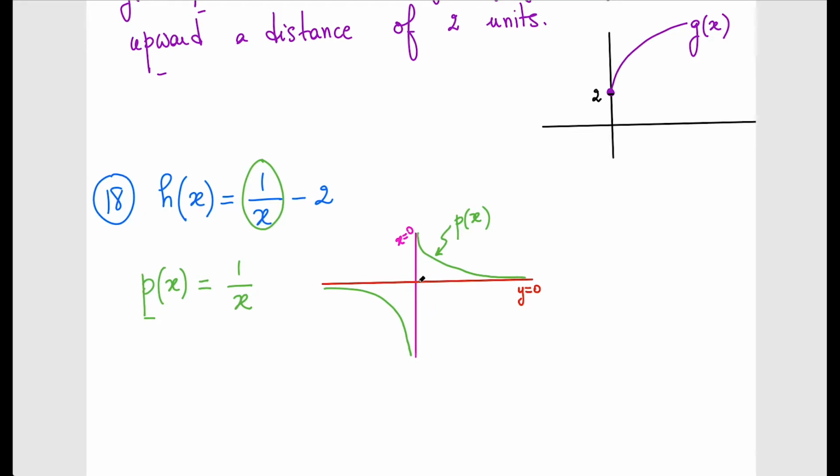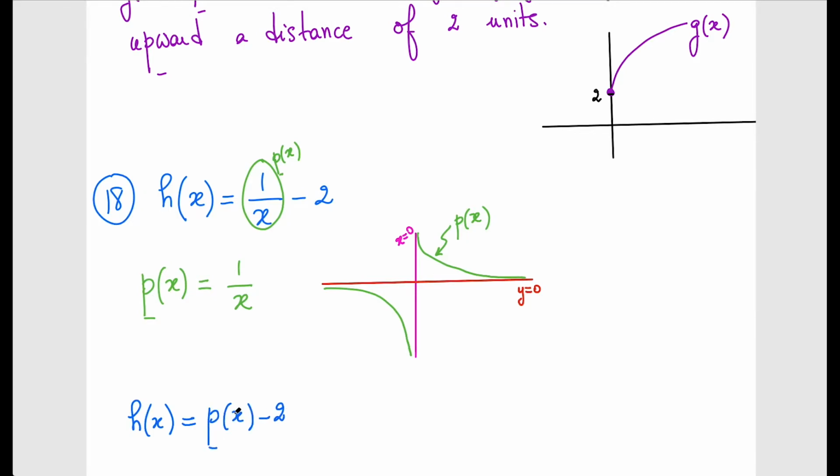And similarly, if you approach 0 from the right, the pink line is also going to control the green graph, right? Okay, so this is the graph P. So that's P of x. And now how is h related to p, at least algebraically? h is p of x minus 2, correct? So h of x is p of x minus 2.